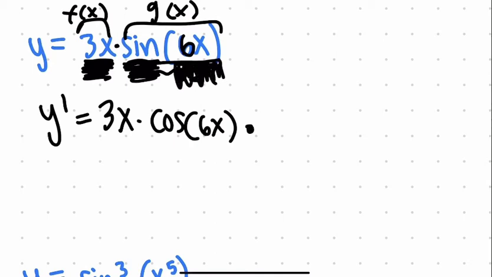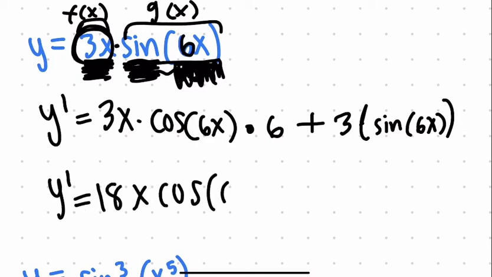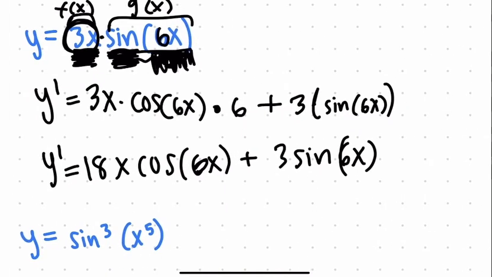So the derivative of 6x is just 6. And then you add this to, well, first you gotta take the derivative of f of x right here, which is just 3. And then you keep g of x the same. So then your final simplified answer is going to be 18x cosine of 6 times x, plus 3 sine of 6x. Okay, so that's your final answer.